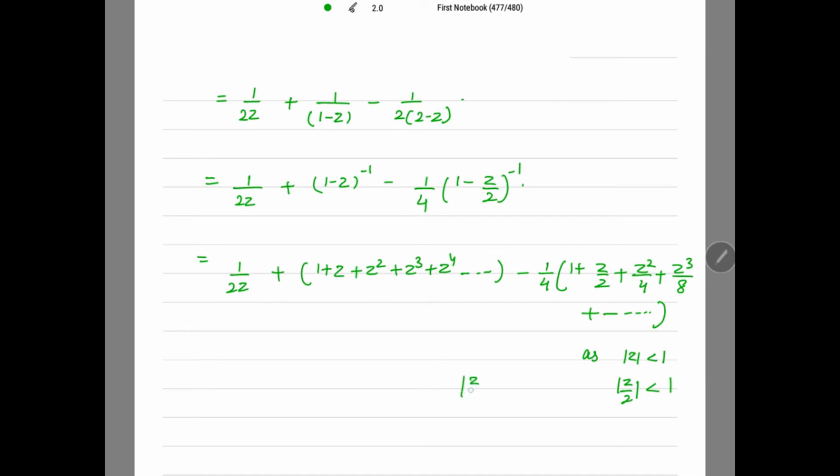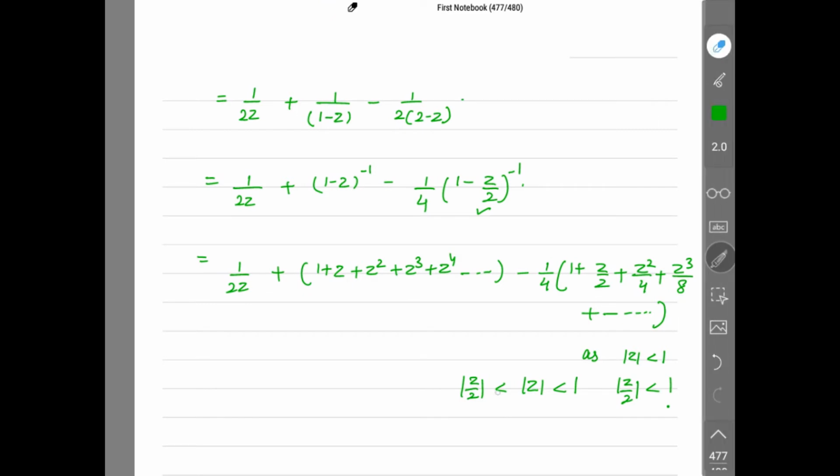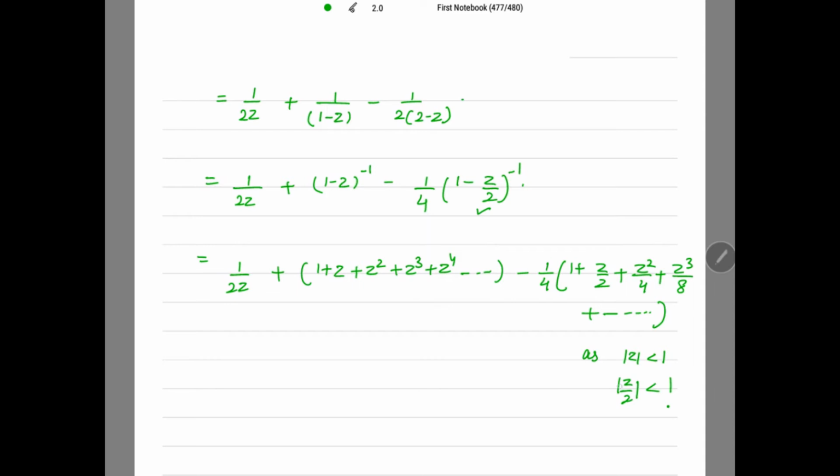Because mod of z by 2 is less than mod z, which is further less than 1. So from here I can see that mod z by 2 is less than 1. Therefore, this can be expanded as this. I can expand this, right? So whenever you expand, you must write in the bracket the reason for that, which is very important.